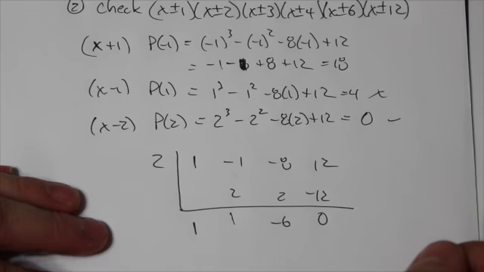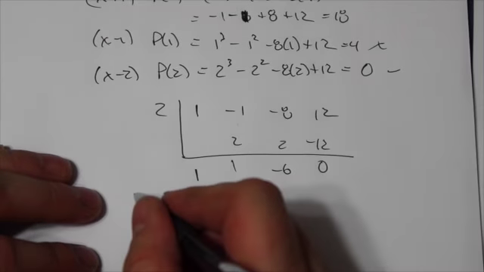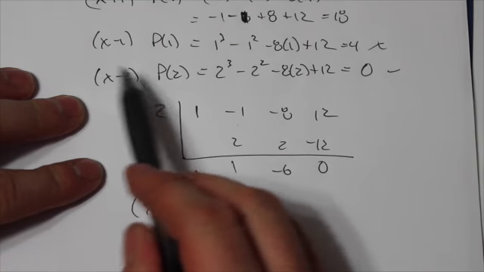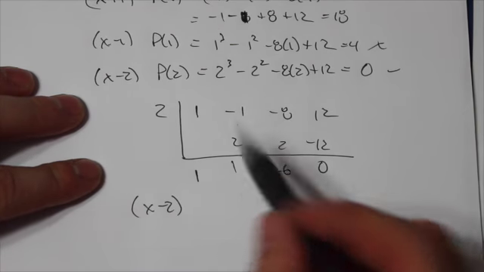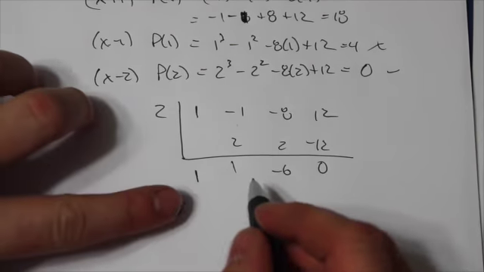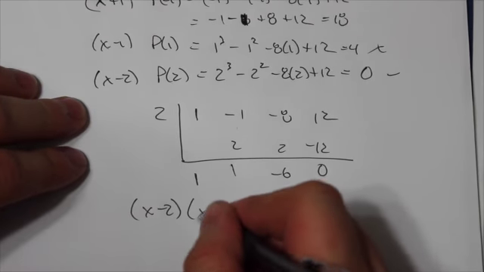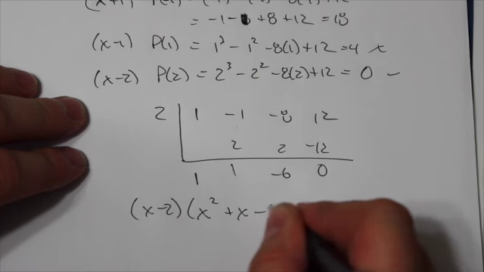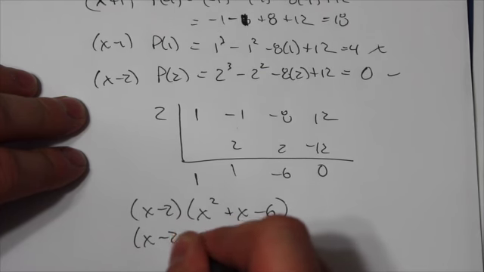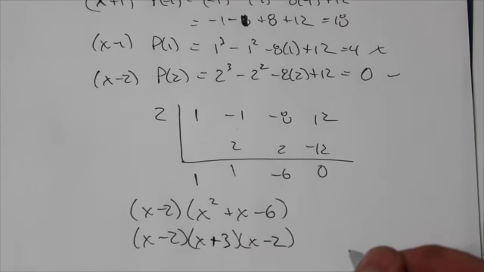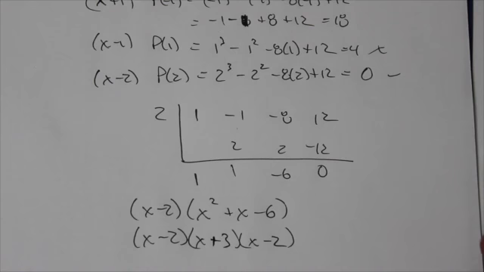Look at that, we're getting a remainder of 0, exactly what I wanted. So my factor here is x minus 2. Don't forget about the factor that you found up here. A common mistake is to just jump into this and forget that one. We're left with x squared plus x minus 6, and I think we can factor that pretty easily. That's plus 3 minus 2. And so I've been able to factor that expression.